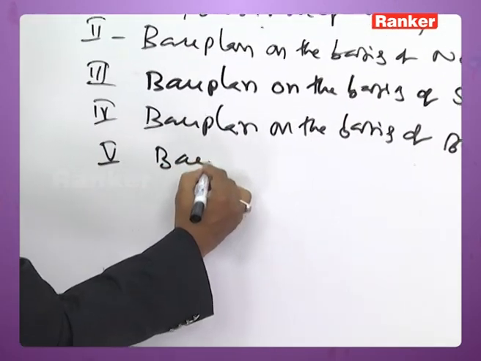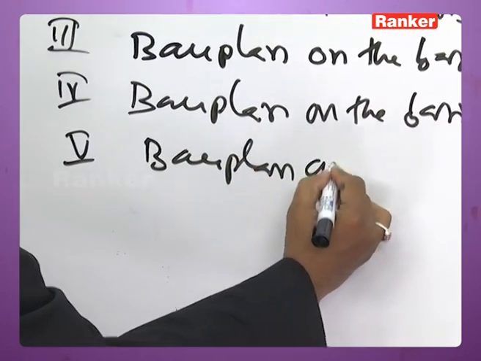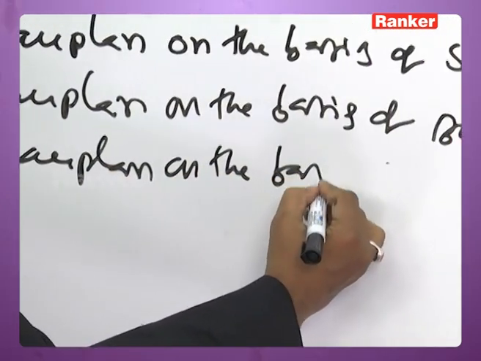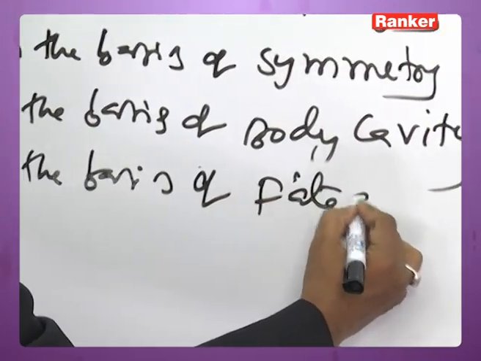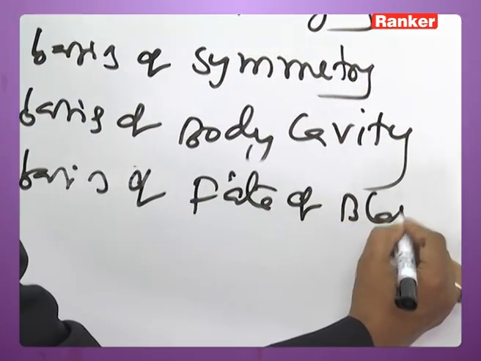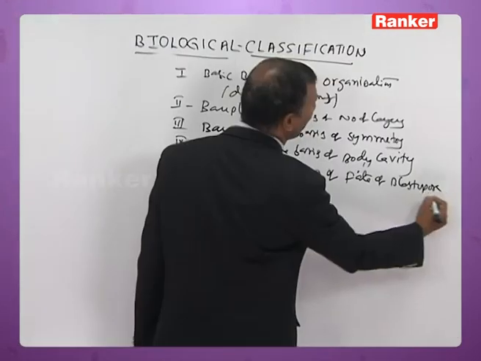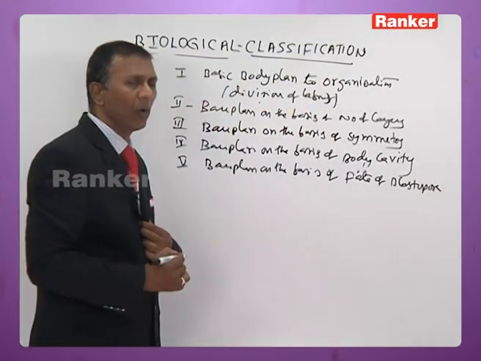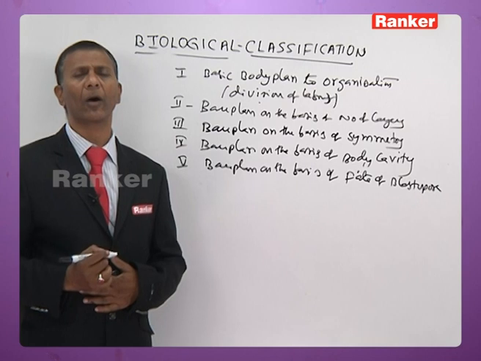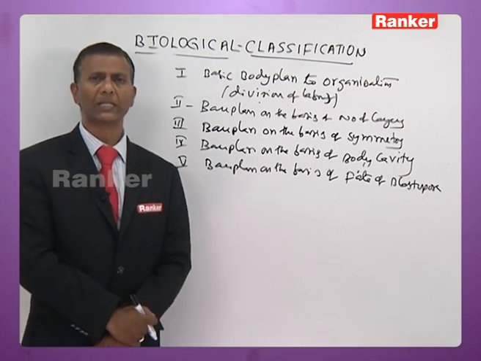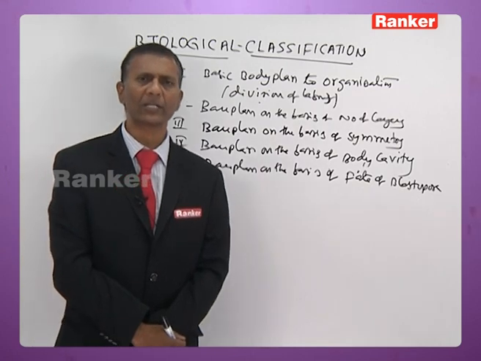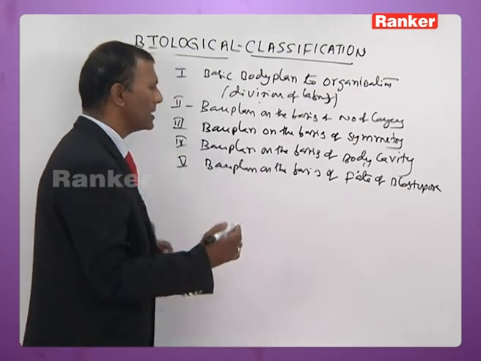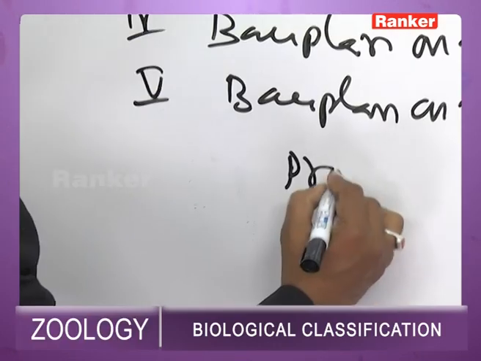Next is the body plan on the basis of fate of blastopore. The blastopore, which is the terminal opening of the archenteron, in all protostomians modifies into mouth. In all deuterostomians it modifies into anus. On the basis of this you have two groups.